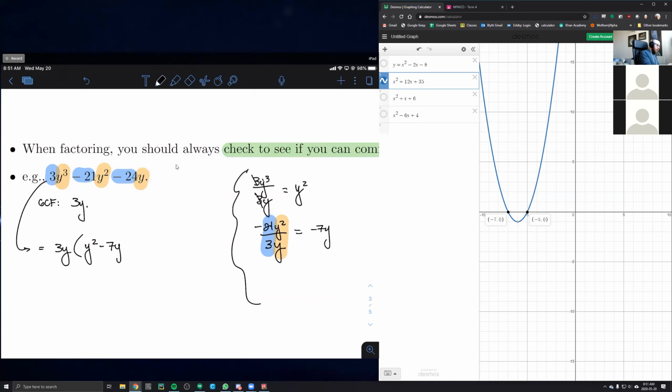And then lastly, I have negative 24y over 3y. So again, my negative 24 and 3, that divides to be negative 8. And then y divided by y, well, those just cancel out, right? So I'm left with y squared minus 7y minus 8 inside my brackets here.